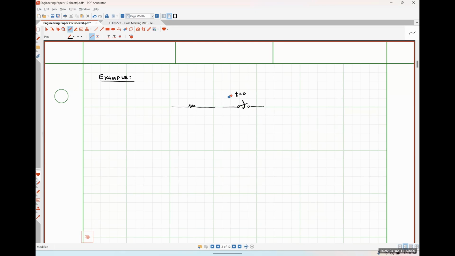I lied. I'm going to make this my capacitor over here so that I don't wind up having a current source connected to an open circuit, which will make things behave poorly.